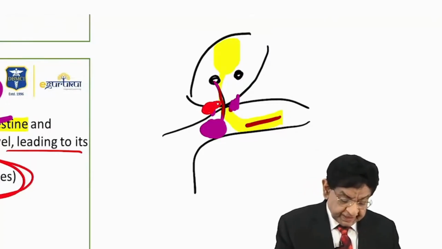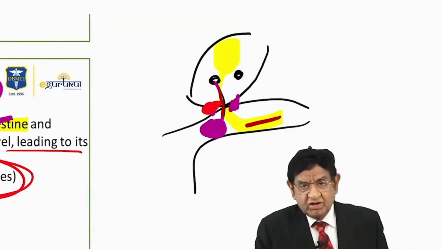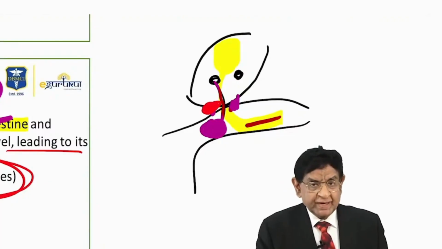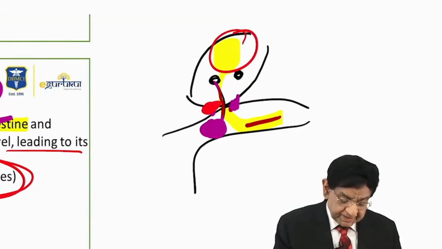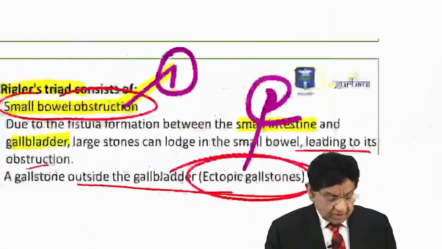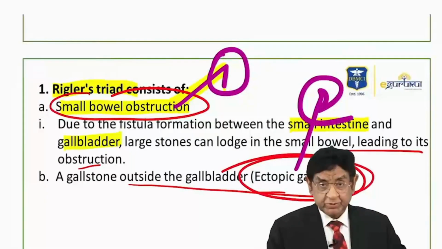So you can find it just staying outside the gallbladder, so-called ectopic gallstones. So now you can understand why and how an ectopic gallstone will be there, why air will be there, and why intestinal blockage will be there, and together they are known as Rigler's triad. Okay, I hope you are clear about it.